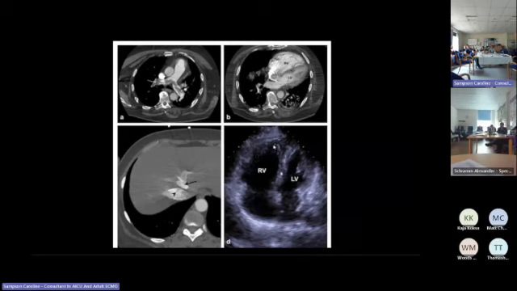And this is just an echocardiographic correlation of the CT image. Commonly, if you're looking at the CTPA yourself, you can see contrast reflux into the juxtahepatic IVC, which also is another surrogate for right ventricular impairment or dysfunction.